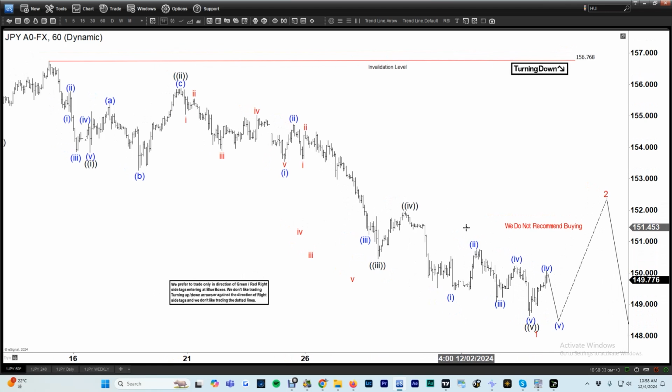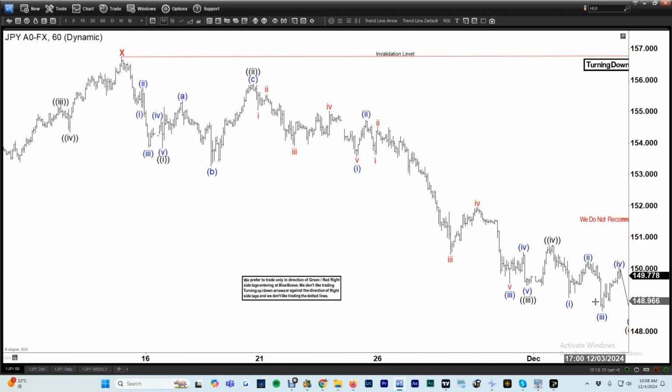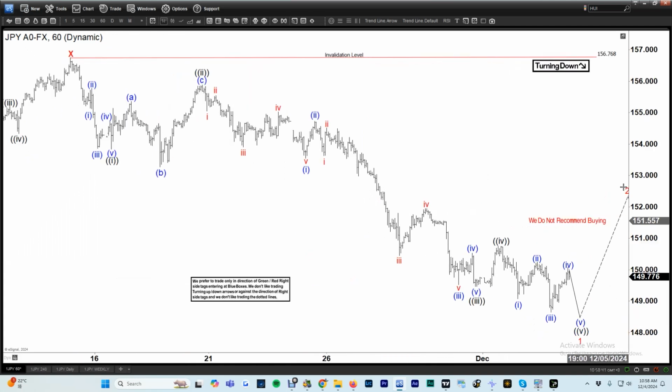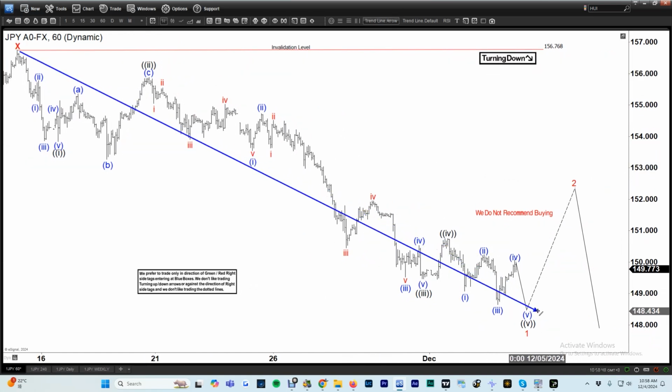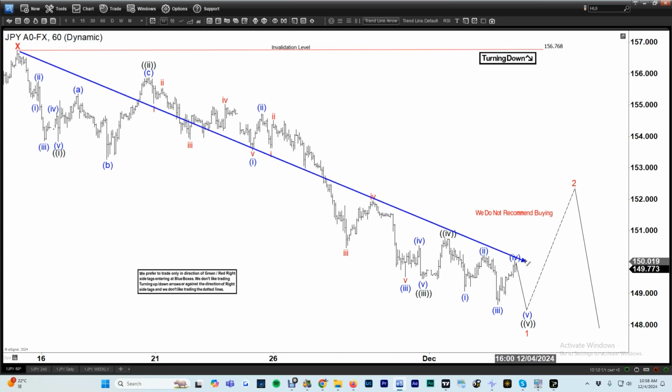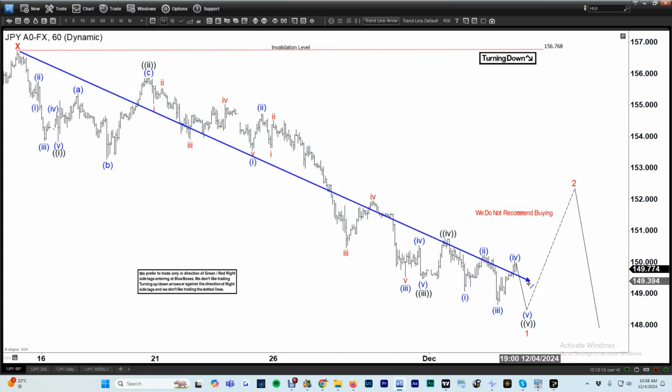So you can play around, there's no question about that. So the idea is not so much that we must have another leg down first and then go up. No, the idea is this 5 waves cycle looks quite mature, so we could be ending anytime, and we could be seeing a bigger rally anytime. Whether or not we make another low or 2 lows before the rally is not really relevant.